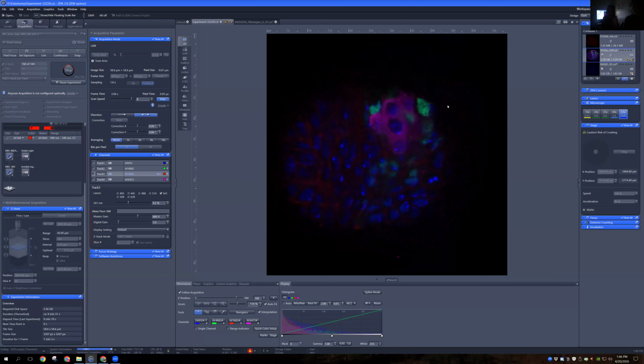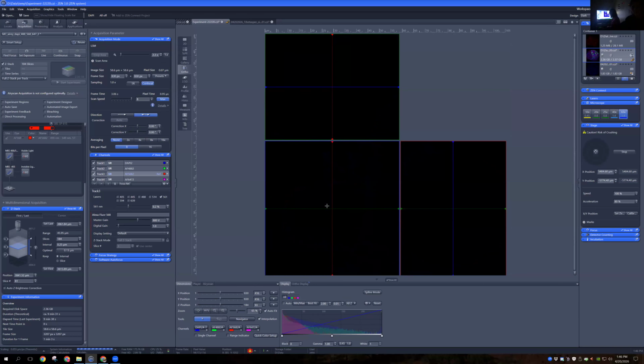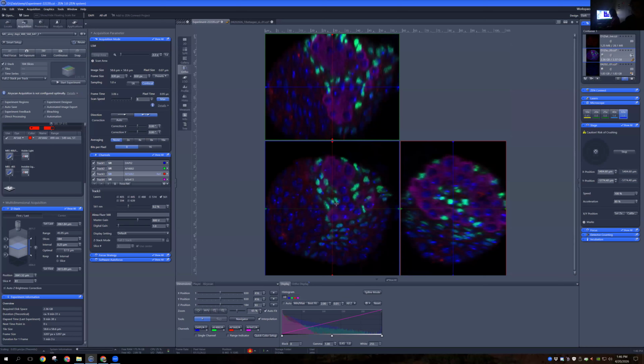What I can actually do really quickly is show you, the program allows me to see orthogonal views. So if I change the view a little bit, this box here is the XY view, and then these two views here are basically cutting it on the alternate axes.